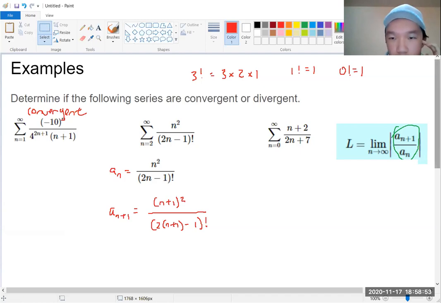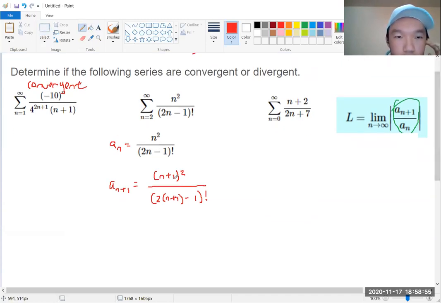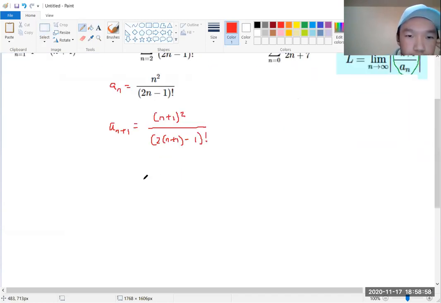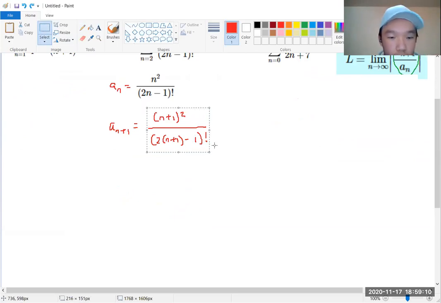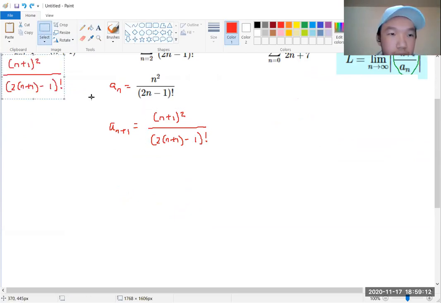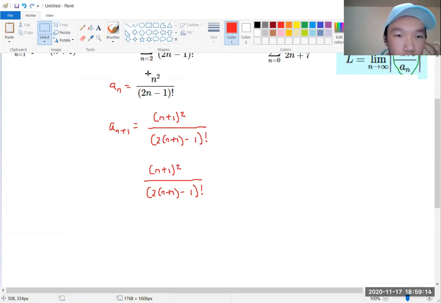Anyways, let's try to take the ratio now. So it's going to be A of n plus 1 divided by, or times the reciprocal.